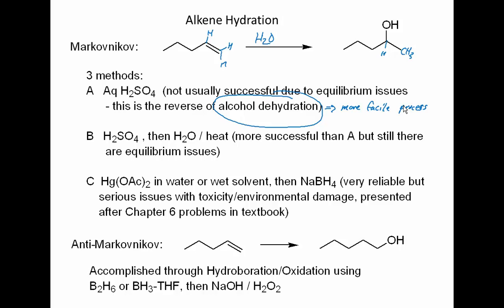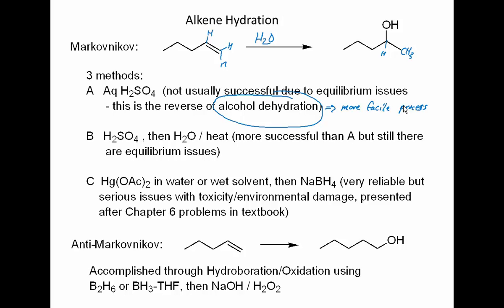Okay, we can treat it with sulfuric acid. We'll have a hydrosulfate intermediate, and then break that apart with water and heat. This is a little more successful than the above reaction, but it's still got a problem with equilibrium issues. Basically, it produces sulfuric acid as a byproduct when there's heat around, and that's a recipe for a dehydration product as well.